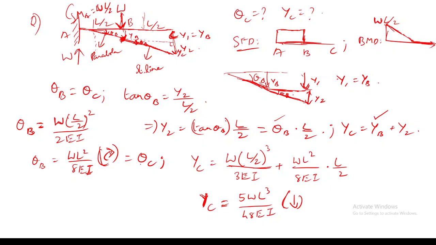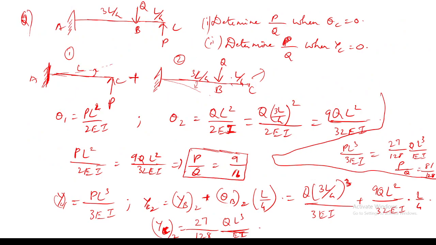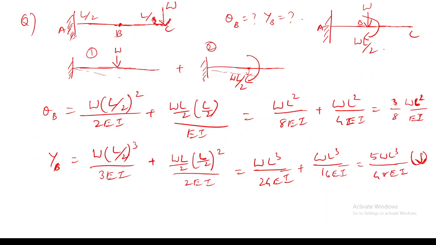So from this, the slope at point C is nothing but WL square by 8EI. Whereas here the deflection is 5WL cube by 48EI. When the load is acting at point B, I have calculated the deflection at point C. Whereas here the load is acting at point C, whereas the deflection I am calculating at point B, and still I am getting the same value of deflection.